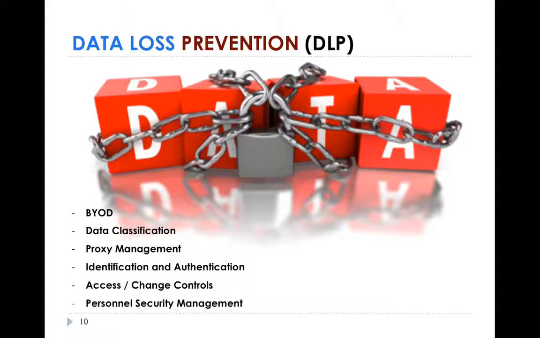The second is data classification. Data classification is very important, led by the data governance area. They make sure that data is already classified based on role and responsibility, and based on the privilege of access. The third one is proxy management.